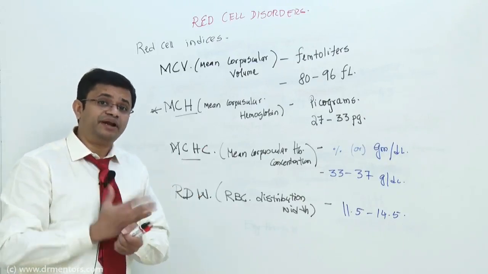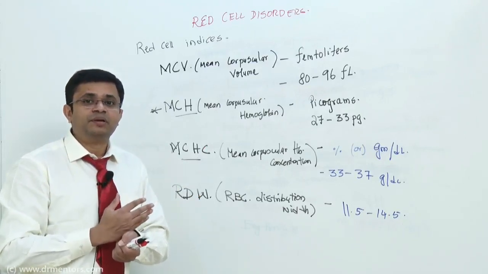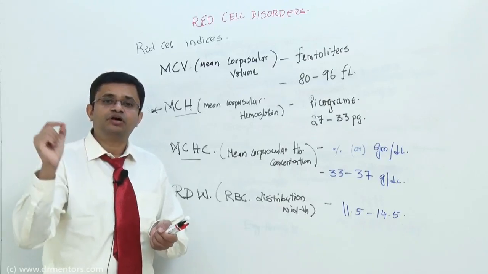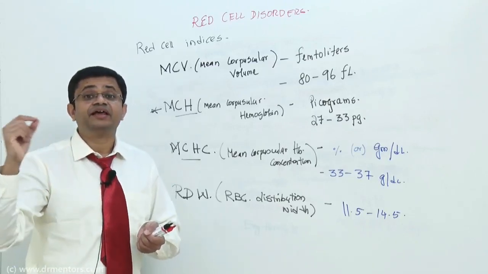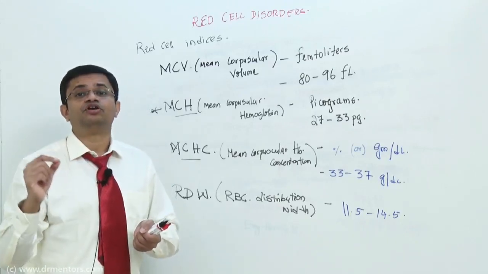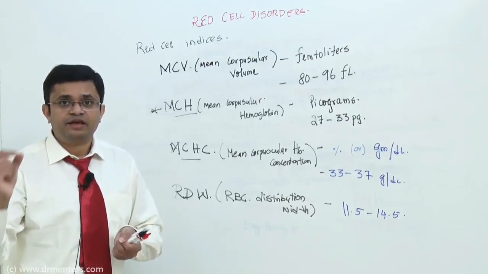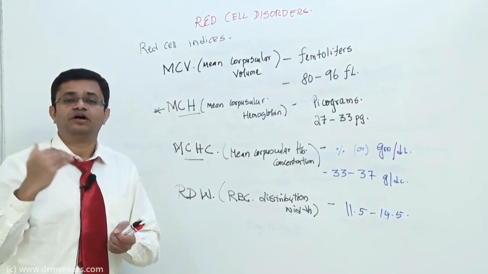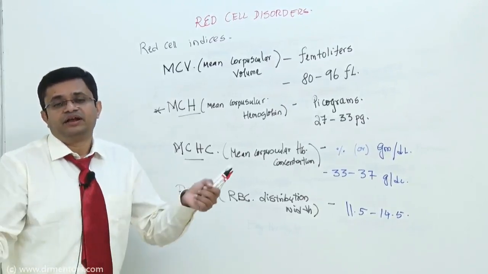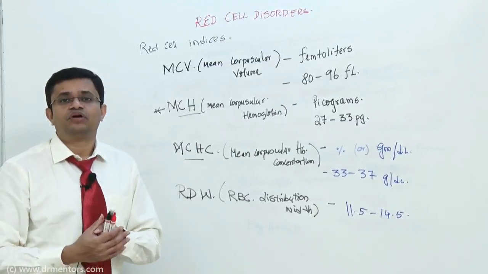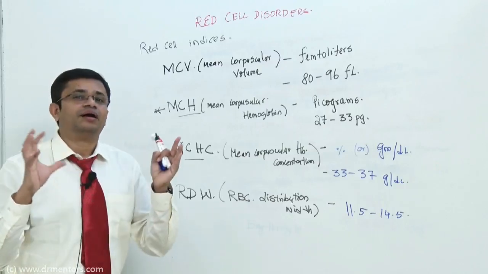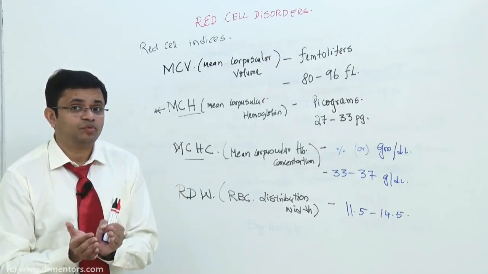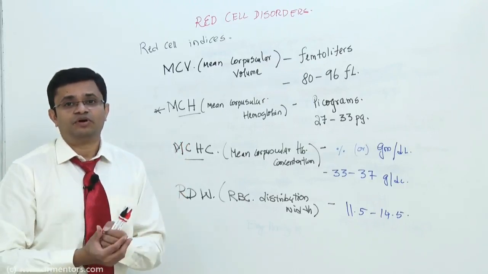MCHC will give you a better value of hemoglobin concentration by giving you a measure of the average concentration of hemoglobin in a given packed volume of RBCs. When you know the packed RBC value and compare it with the concentration of the hemoglobin, that is the ideal way, because you are relating the hemoglobin concentration to the packed cell volume rather than the volume of RBCs.